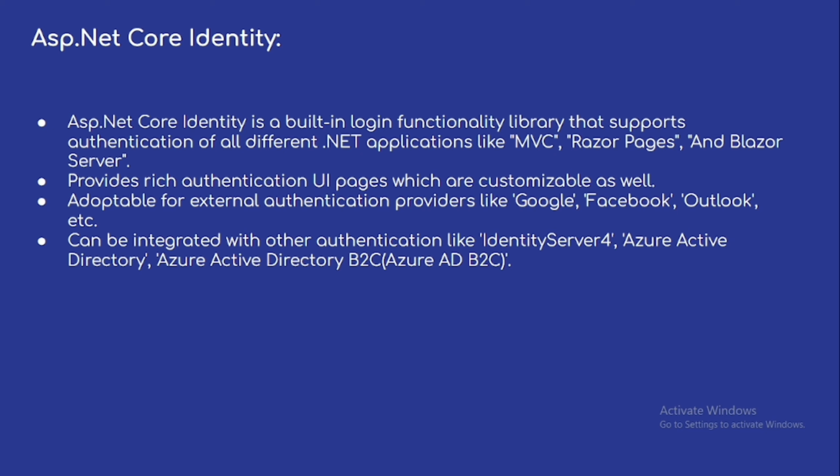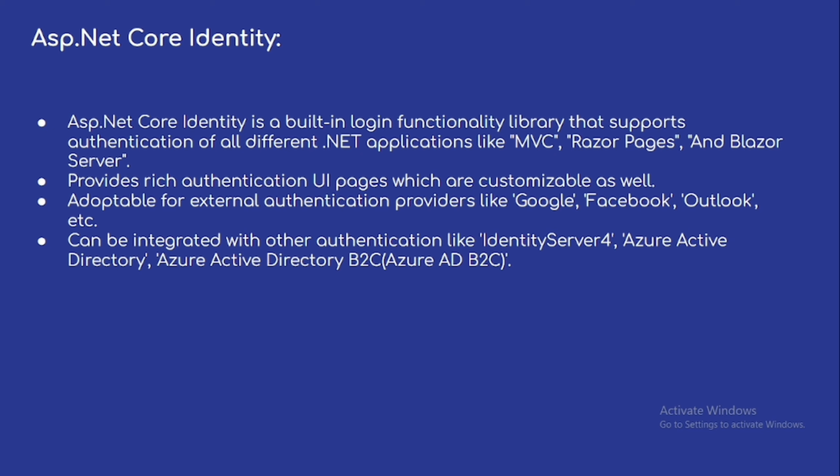Okay. Next, adaptable for any authentication providers like Google, Facebook, Outlook, means social authentication. So using this library, we can use social authentications as well, like Google and Facebook. Next, it can be integrated with other authentication libraries or applications as well, like Identity Server 4, Azure Active Directory and Azure Active Directory B2C.